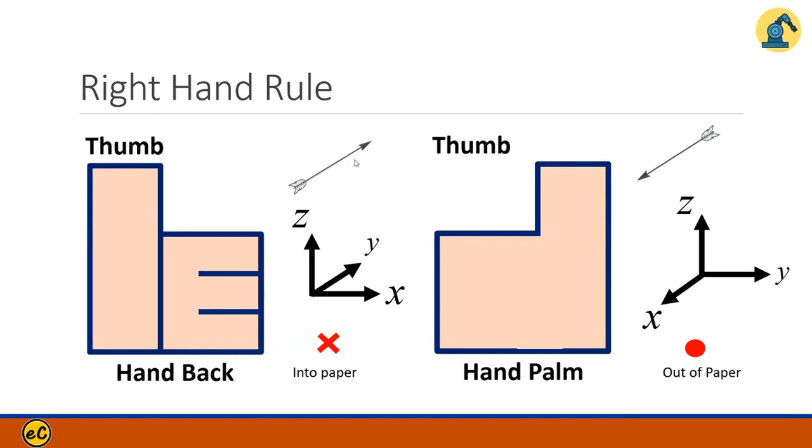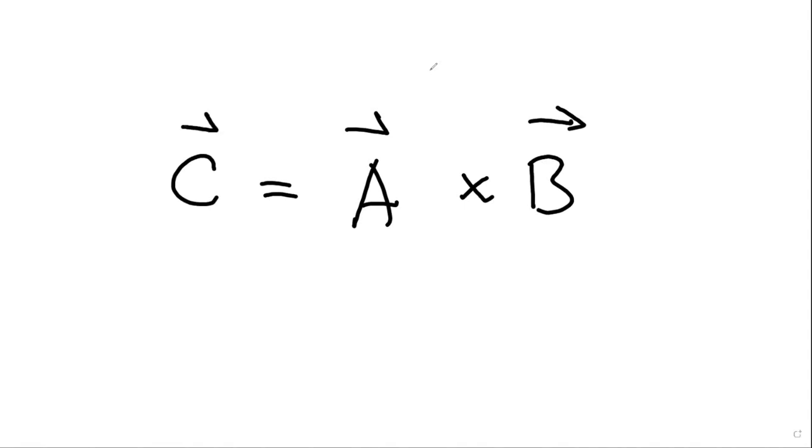If you took a physics course in high school or college, you should have learned the right-hand rule. The right-hand rule usually comes up when you have a cross product. You have vector A cross product with vector B, and you create a vector C. Your A vector is this direction, your B vector is this direction, and your C vector is this direction.